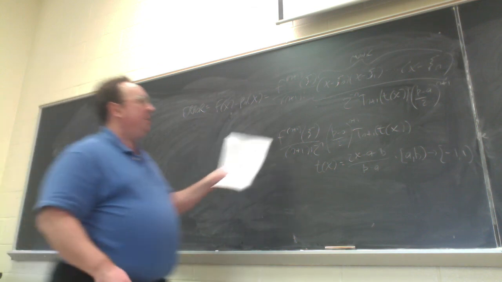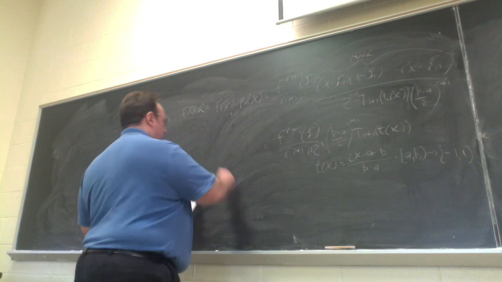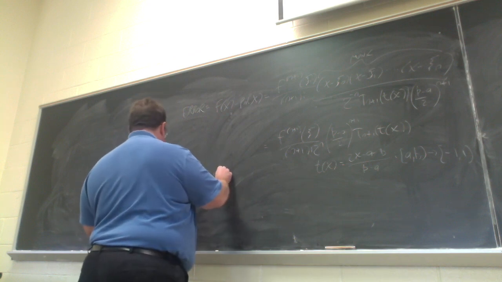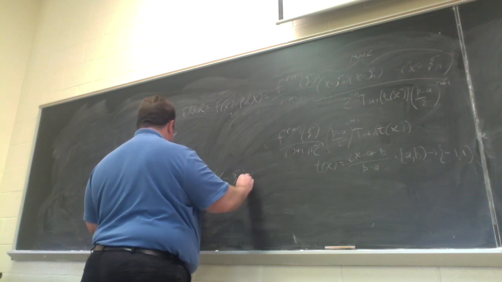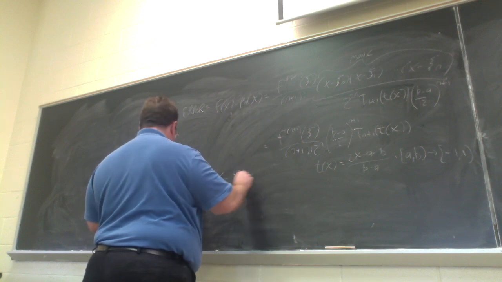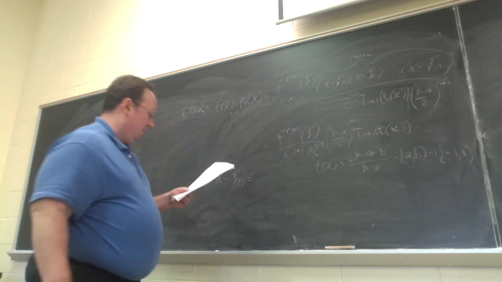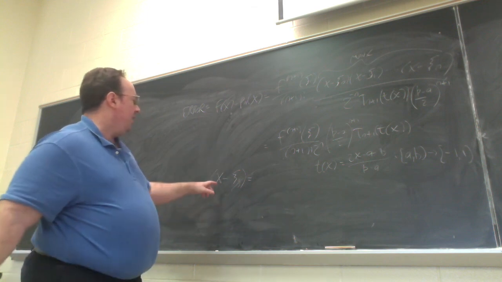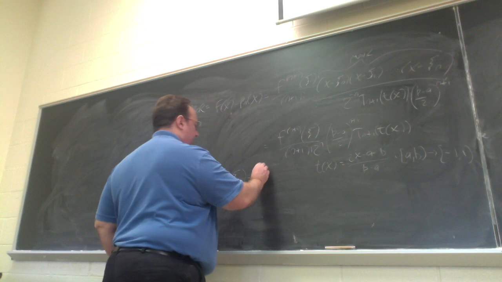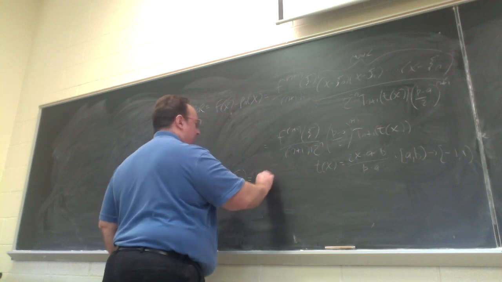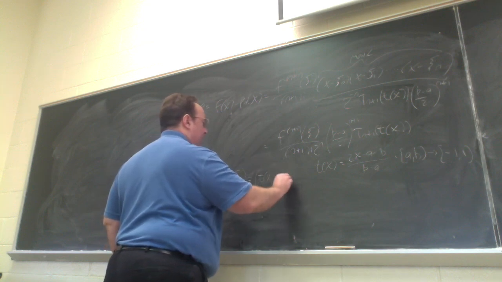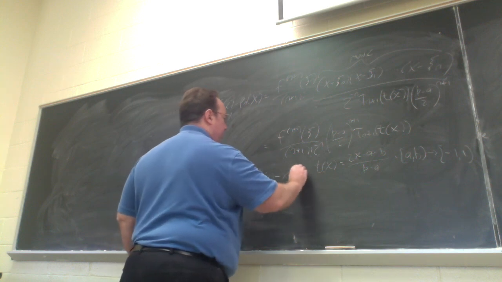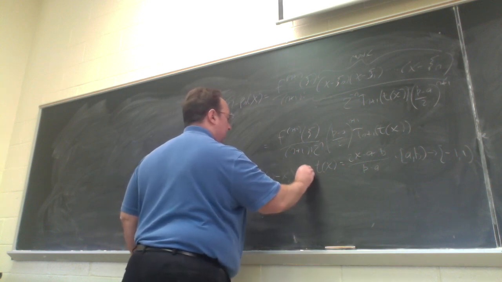And the reason why I need to explain this: one of these linear factors, x minus x tilde j, I can write as t of x minus t of x_j, as long as I multiply by b minus a over 2.